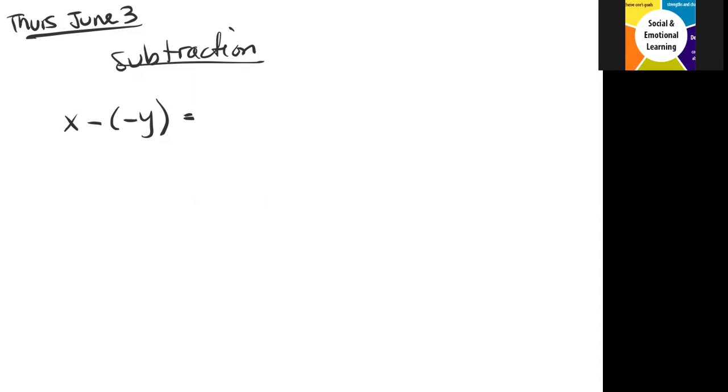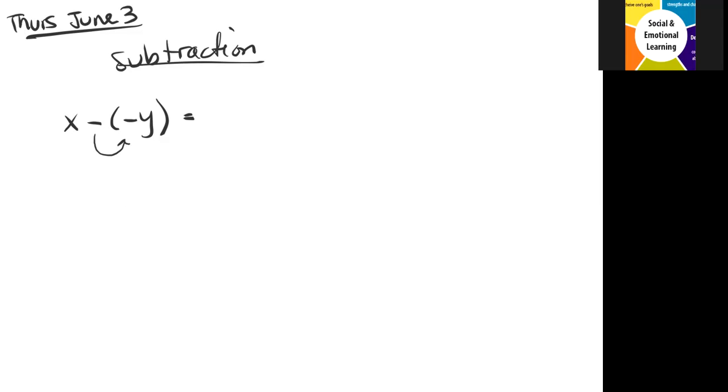Does anybody remember what happens when we get a negative outside of a bracket like this? This has to do with the distributive property. So when you get a negative in front of a bracket like this, it is going to multiply everything that's inside your brackets by a negative.